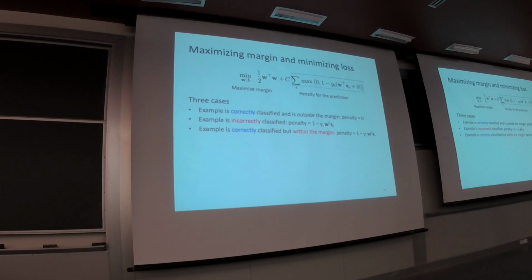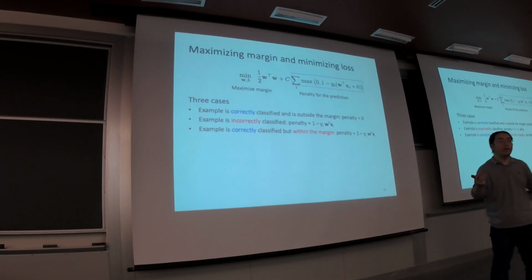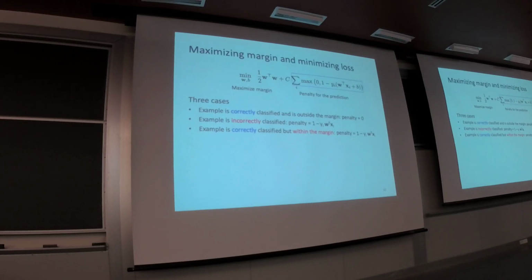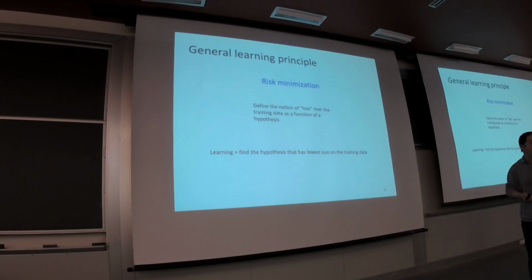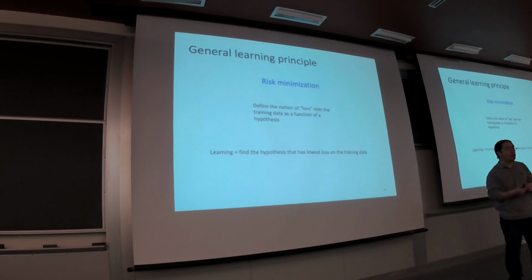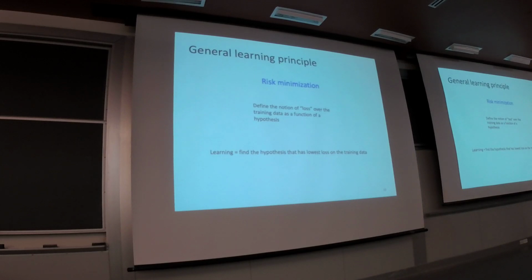So if we look at the bigger picture, if you are responsible for building some classifiers, how do you design your objective function, or how do you design your optimization problem? In general, we have 2 strategies. The first strategy is called risk minimization. So what is risk minimization? We simply define a loss function over each training example. If you correctly predict your training example, you have no penalties, or you can even enjoy some reward.